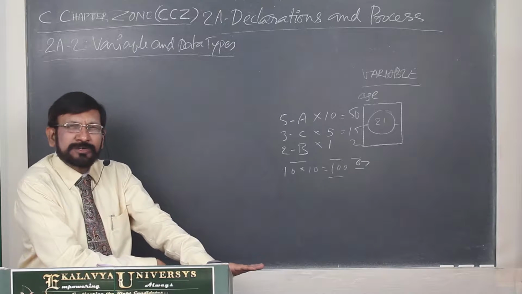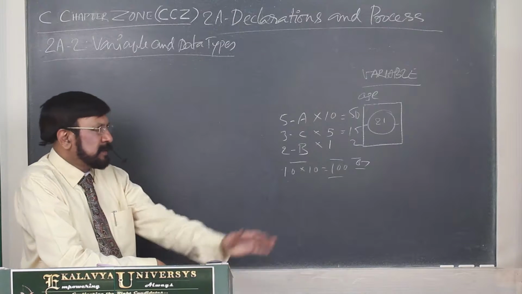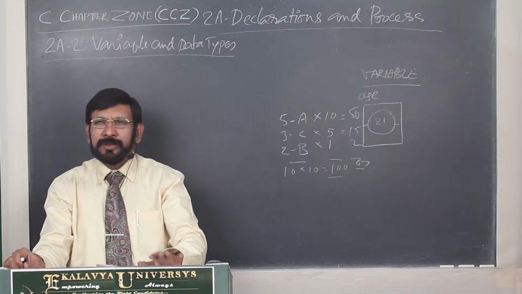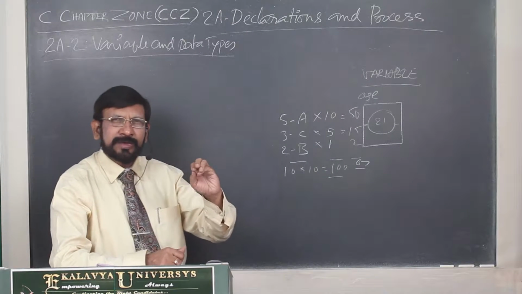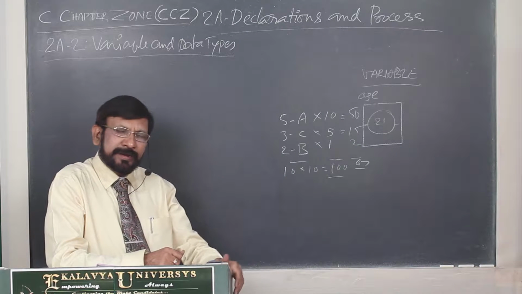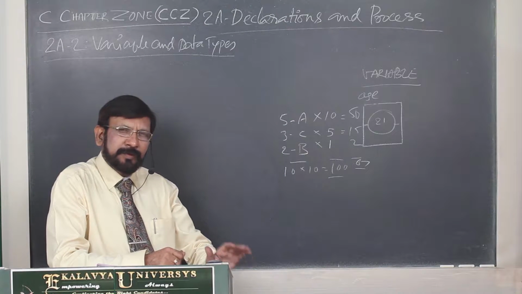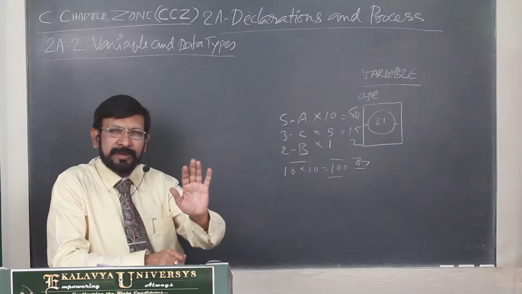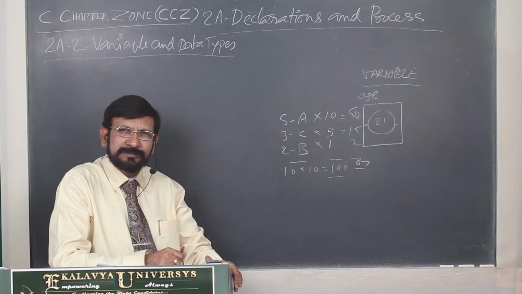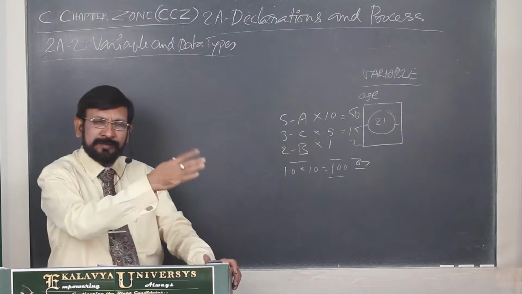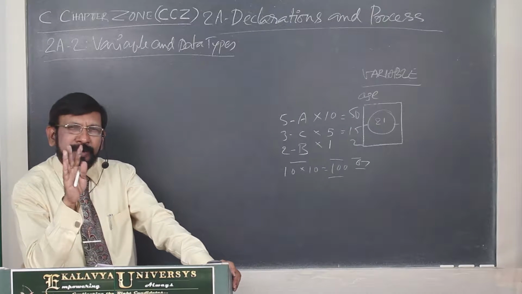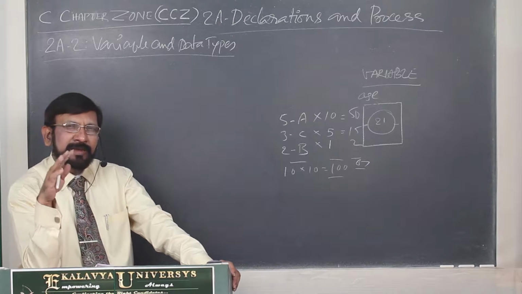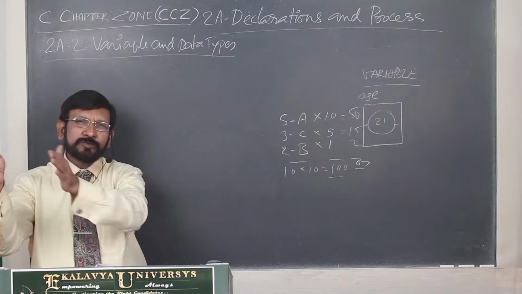The same logic is applicable for variables also. Actually, there are two principles. One: regardless of the nature of the data, allocate the same amount of space for any data item. The other: depending on the nature and size of the data, allocate different amounts of space.